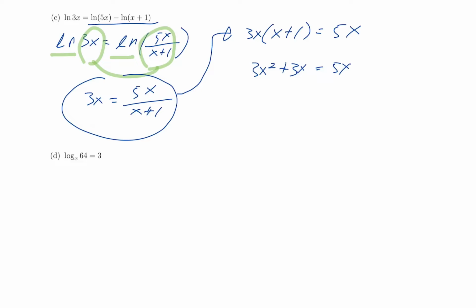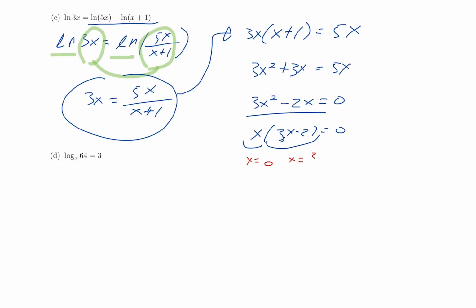Then I'm going to subtract 5x from both sides. Then let's factor this. x times (3x minus 2) equals 0. So either this has to be 0 or this has to be 0. So the answers will be x equals 0, x equals 2 over 3.